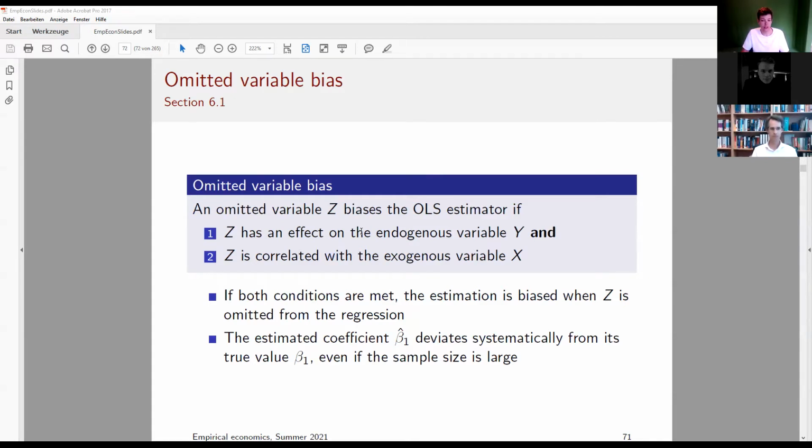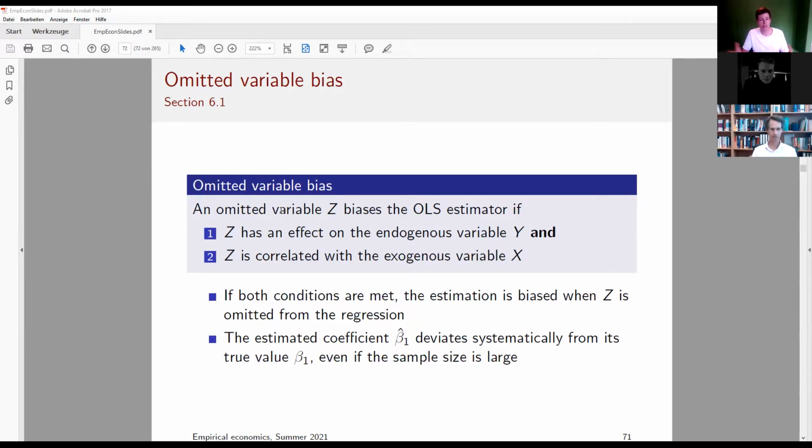So if both of these conditions are met, and you will very often find variables that are omitted from regressions that are in fact correlated with the exogenous variable and have an effect on the endogenous variable, then you have omitted variable bias. And then our coefficient beta 1, so our estimated causal effect, deviates significantly from the true value, even if the sample size is large.